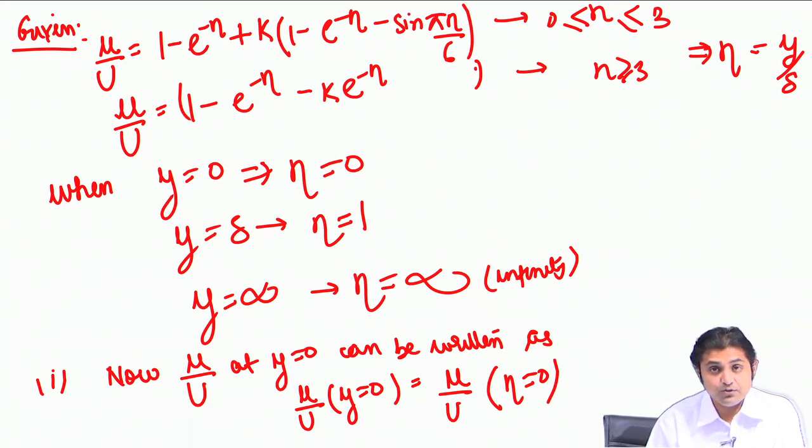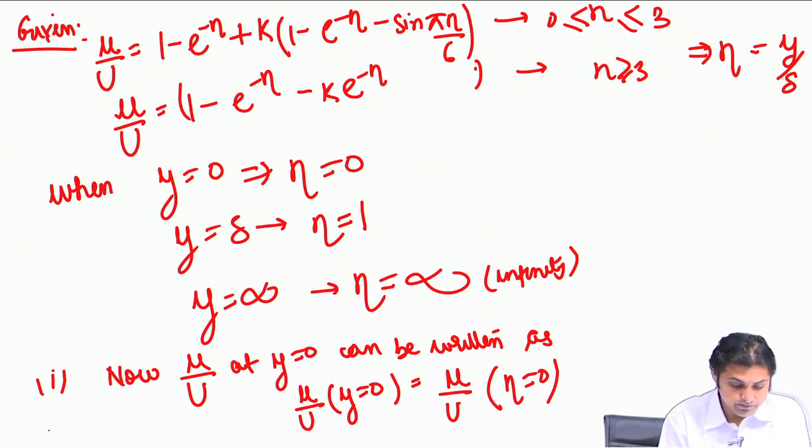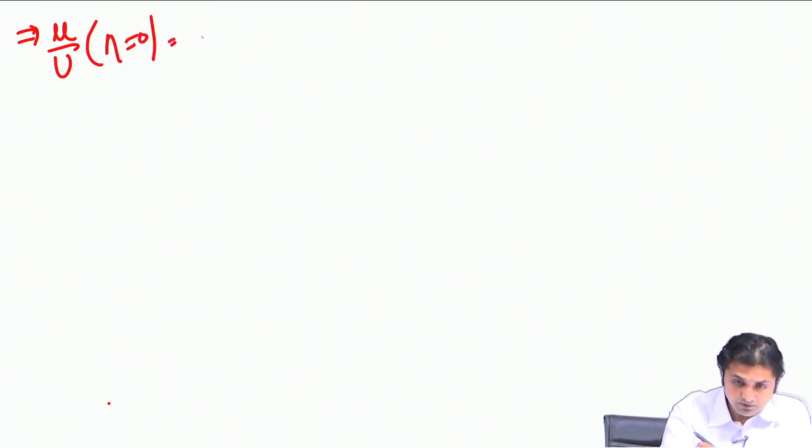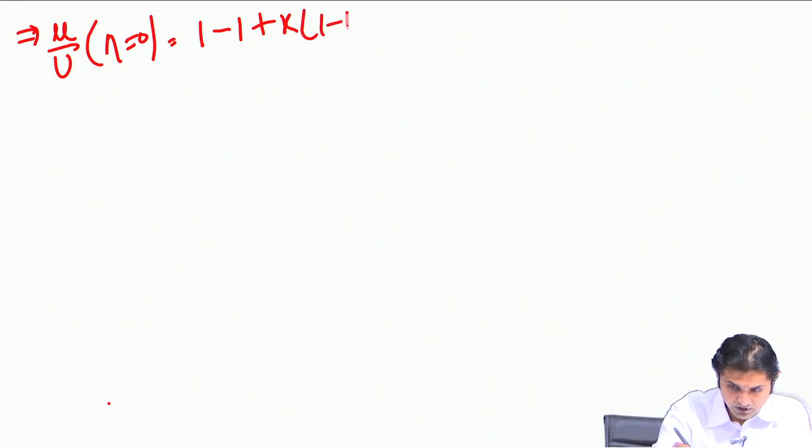Simply, y equal to 0 means eta is equal to 0. Therefore, small u by capital U at eta equal to 0 can be written as 1 minus 1 plus k into 1 minus 1 minus 0.